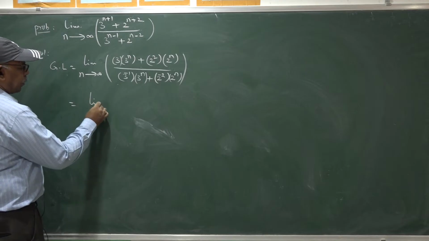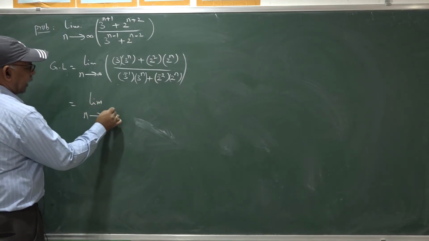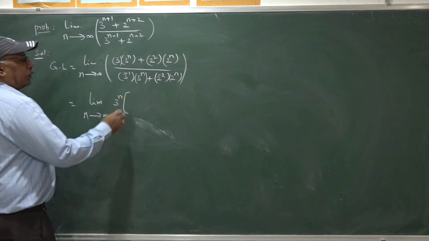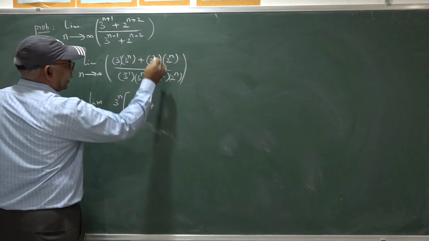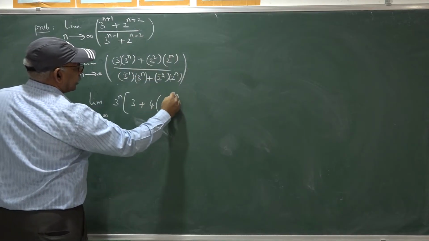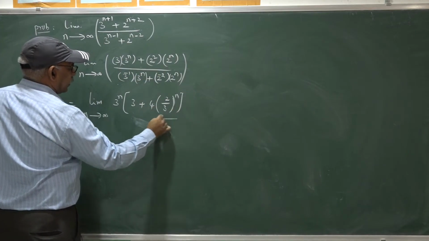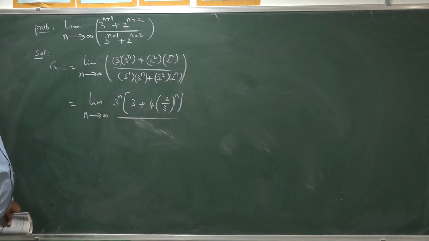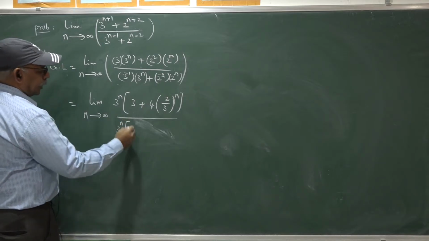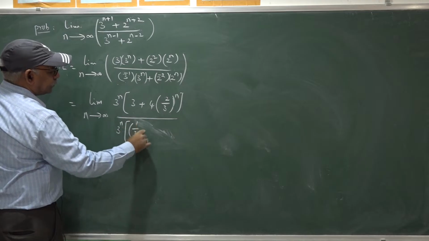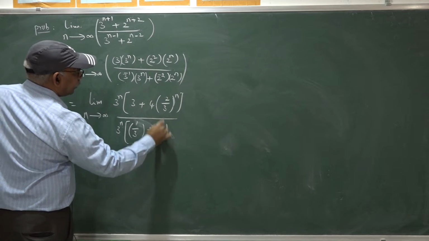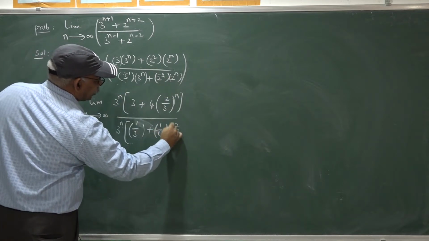So, taking 3 power n as common in the numerator as well as denominator, the numerator is 3 plus 2 square, which is 4, into 2 power n by 3 power n, which is 2 by 3 whole power n. Coming to the denominator, once you take 3 power n as common, we get 3 power minus 1 is 1 by 3 here, 2 power minus 2 is 1 by 4 here, into 2 power n by 3 power n, that is 2 by 3 whole power n.